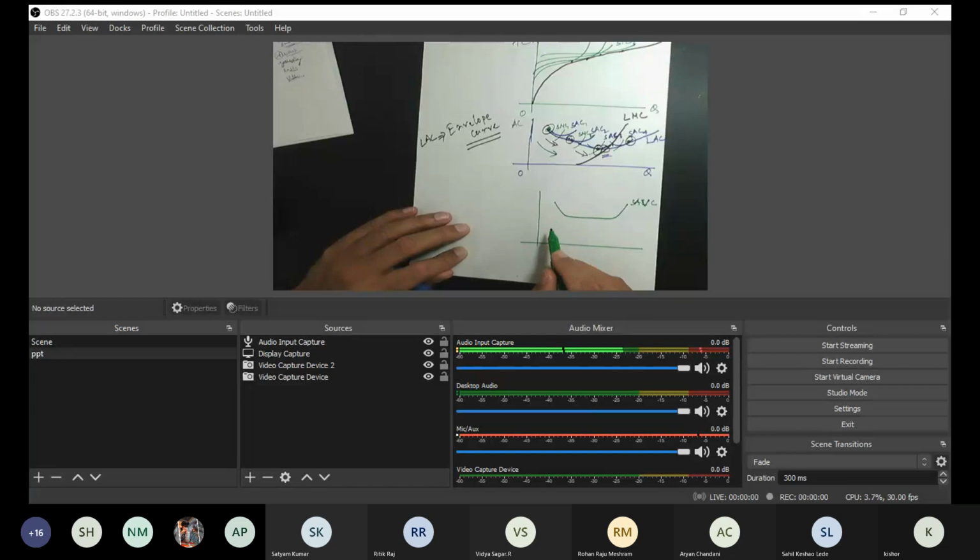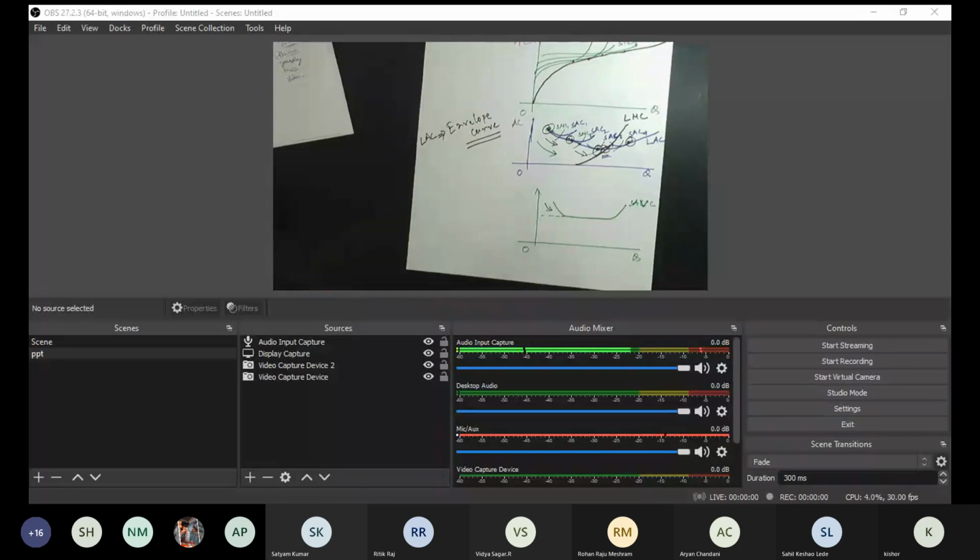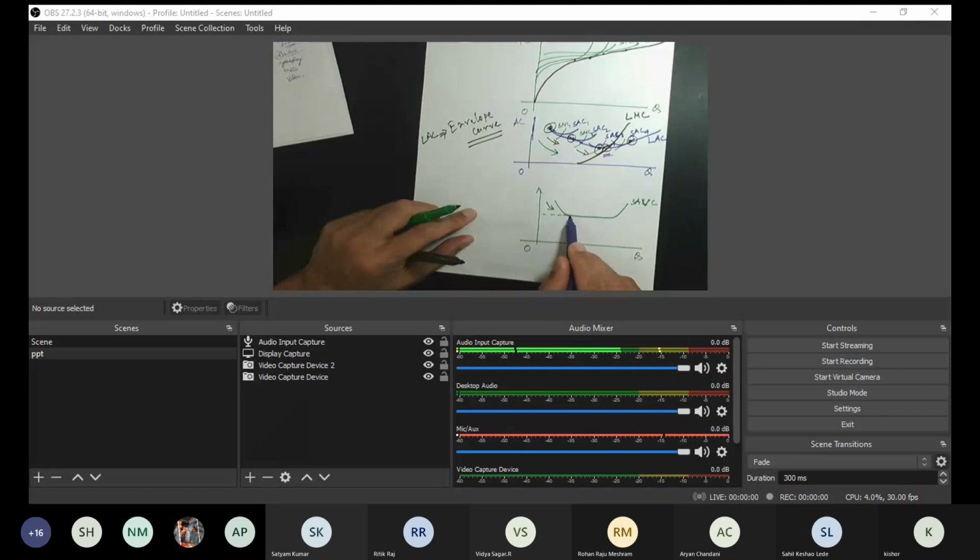Means what is happening here? You are bringing down your average cost of production. No problem, you are bringing it down. Then you brought it to some acceptable level, that okay, this is okay for me. I bring it down considerably. If you try too much, then you can definitely bring it down further.